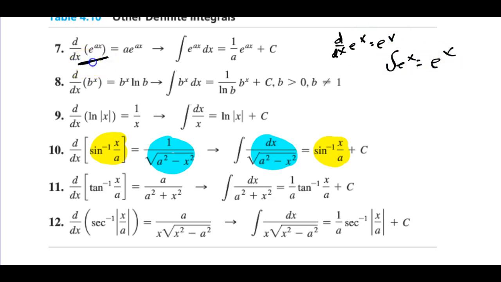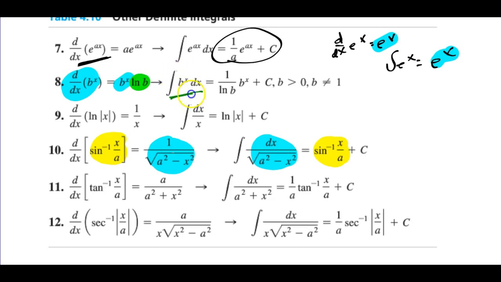It's a little bit more complicated when you have some chain rule, but instead of multiplying by du, you divide by du. So here's a rule that we haven't looked at in a while. The derivative of b to the x, that's your exponent, is b to the x, just like e to the x was e to the x, but you've got a little extra, that's the ln of b. I don't know if you remember that or not.